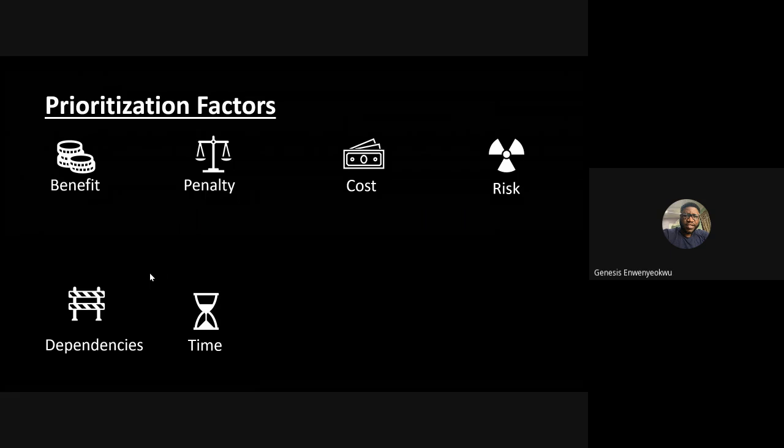Another factor is time. When we put timing consideration into things, maybe the time it will take us, maybe we are trying to aim for the markets. A good example is the Easter period, or let's say the December period. You want to start up a poultry business, right? You know that by December there will be a high demand for poultry birds, because people want to buy fowl, chicken, and all of that to eat and celebrate Christmas.